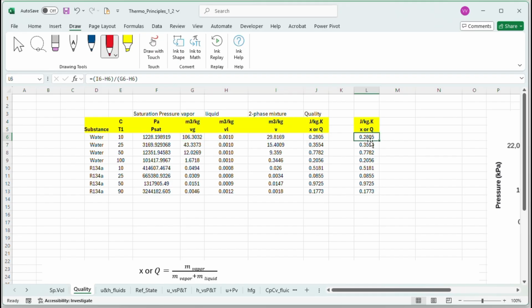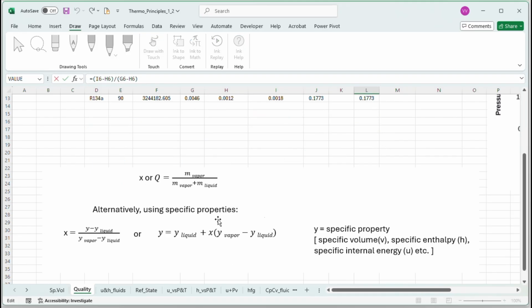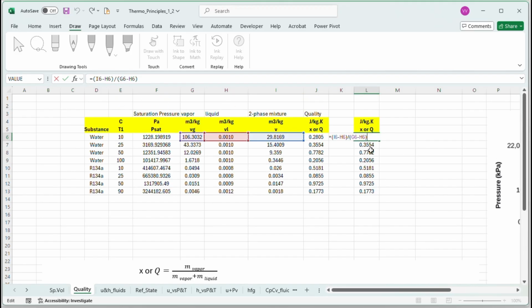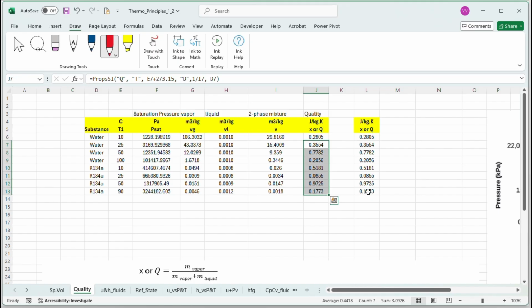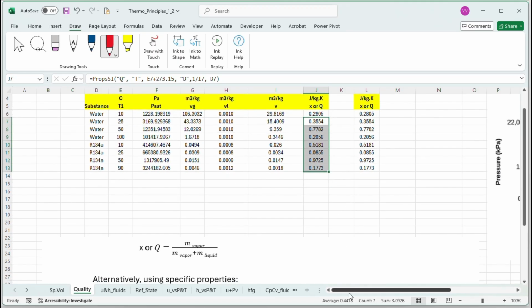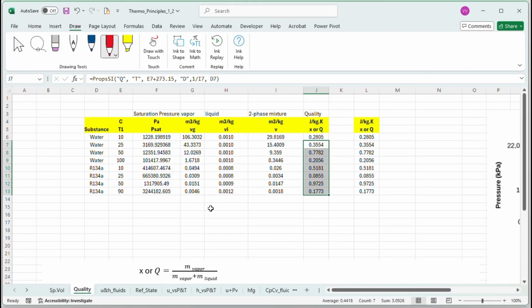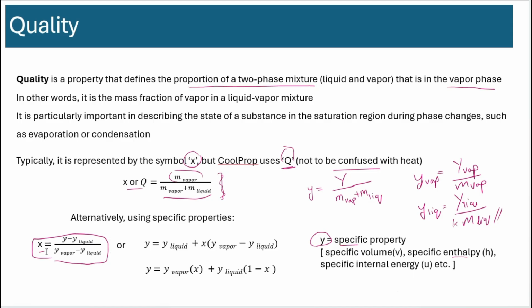You can back calculate that using this formula and it gives you the same number as the direct formula from CoolProp, okay? All right, so that's very interesting. And you could use this later on in some calculations when you know some properties directly from the phase diagram. You can estimate the quality. All right, going back to the slides.